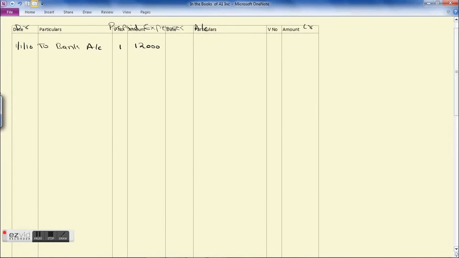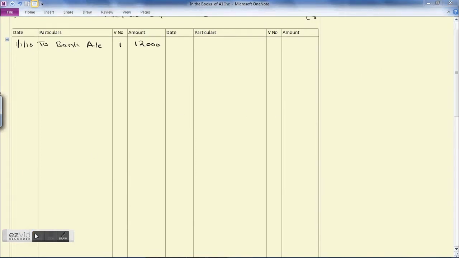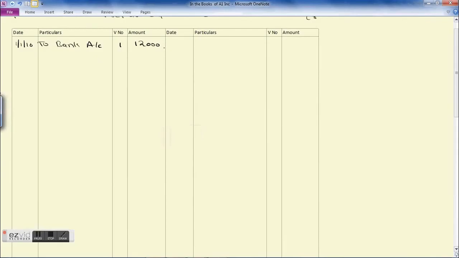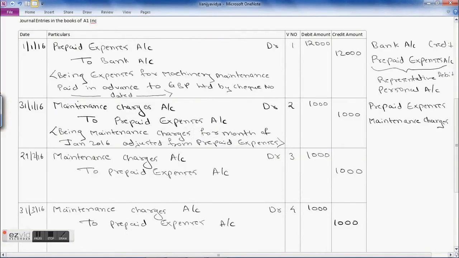Prepaid expenses account has been credited. So on credit side of prepaid expenses account, we'll write 31/1/2016 by maintenance charges account. Voucher number is 2, amount is rupees 1000.